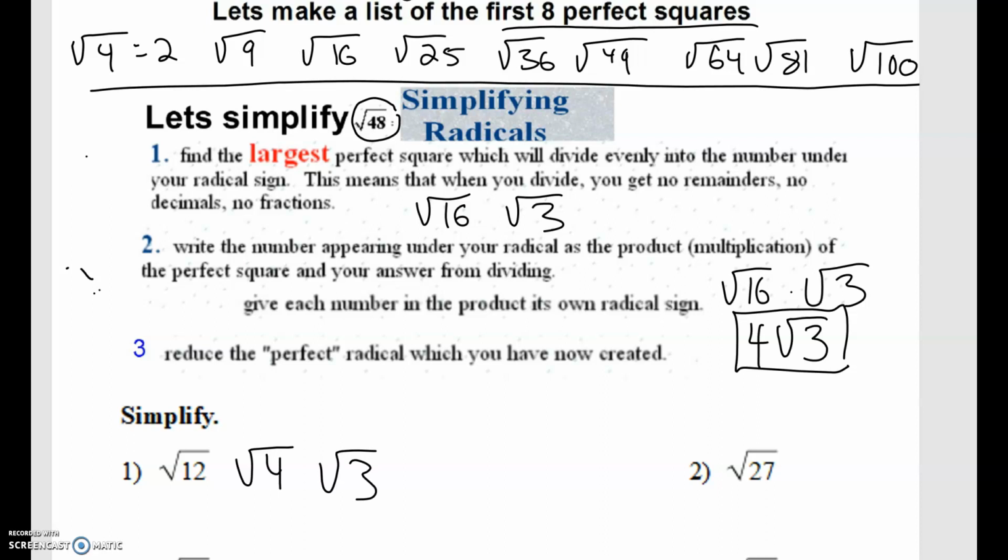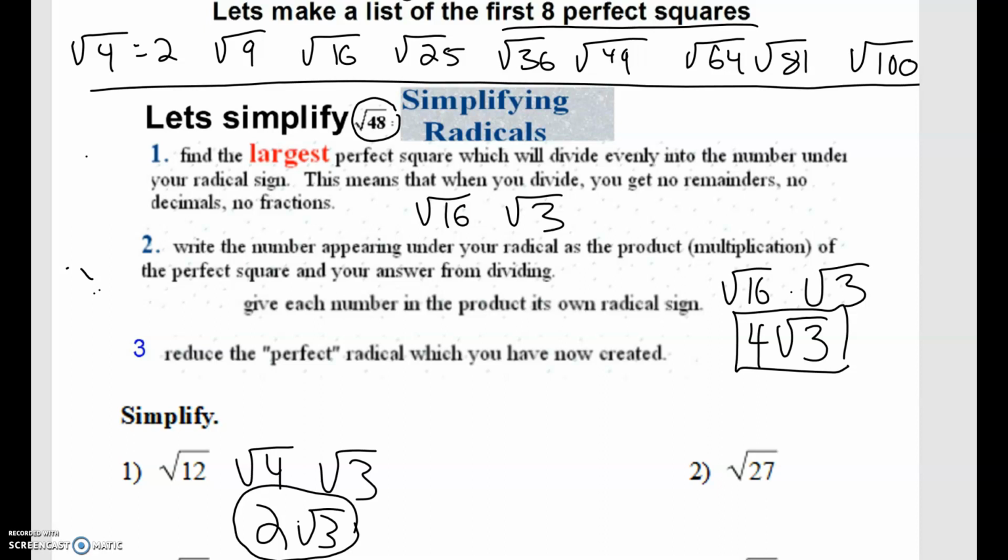Now the square root of 4 is 2, so that's going to be 2 square root of 3, and that's your answer. That's what we call the simplified version, 2 radical 3.